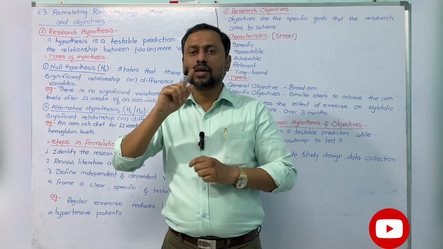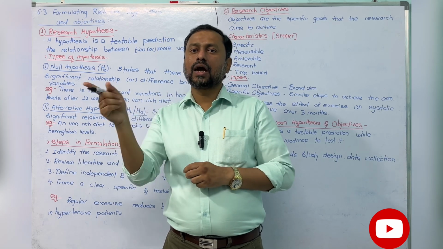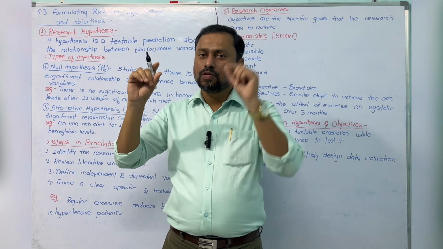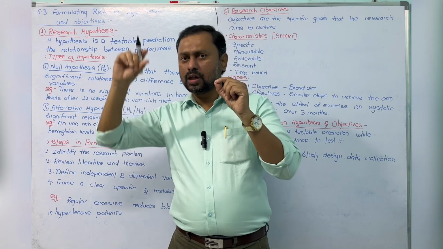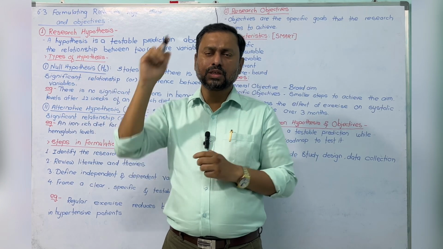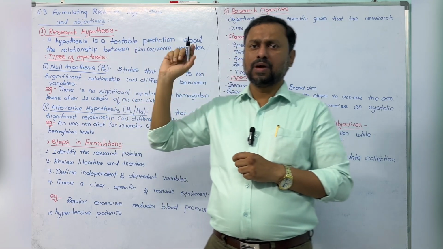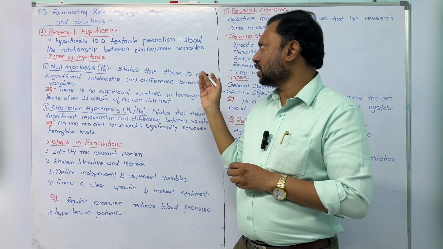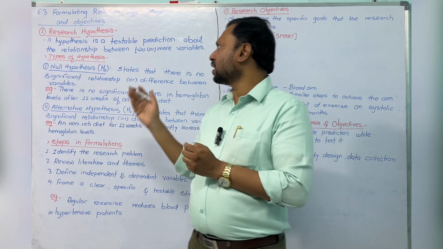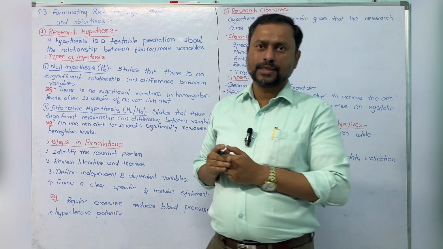If it is there, it means that the independent and dependent relationship is there. If you change something and there is no change in the other thing, it means that there is no relationship between independent and dependent. This type of relation we are testing in this research hypothesis.